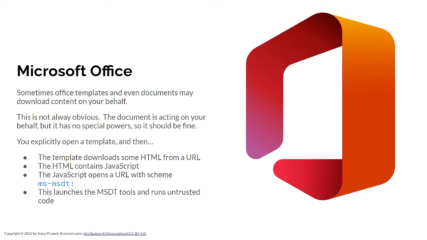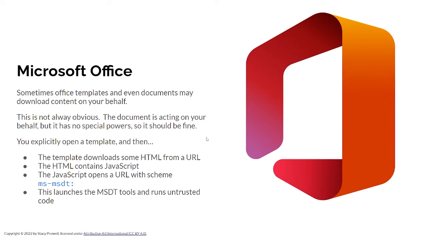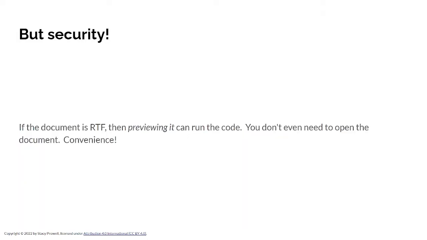Right? JavaScript opens the URL. Yeah, that's what we saw here. This is JavaScript. That all sounded fine until you get to that last part. I don't like that last part.